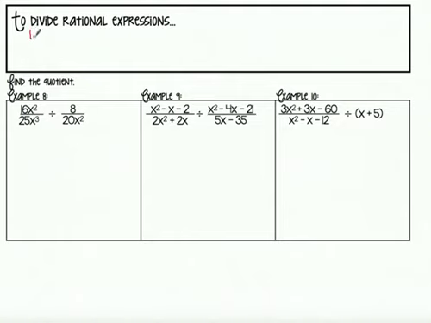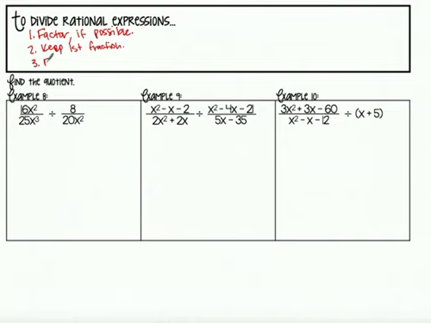To divide, the first step I'm going to do is factor the top and the bottom, if possible. Then I'm going to keep the first fraction exactly as it is.